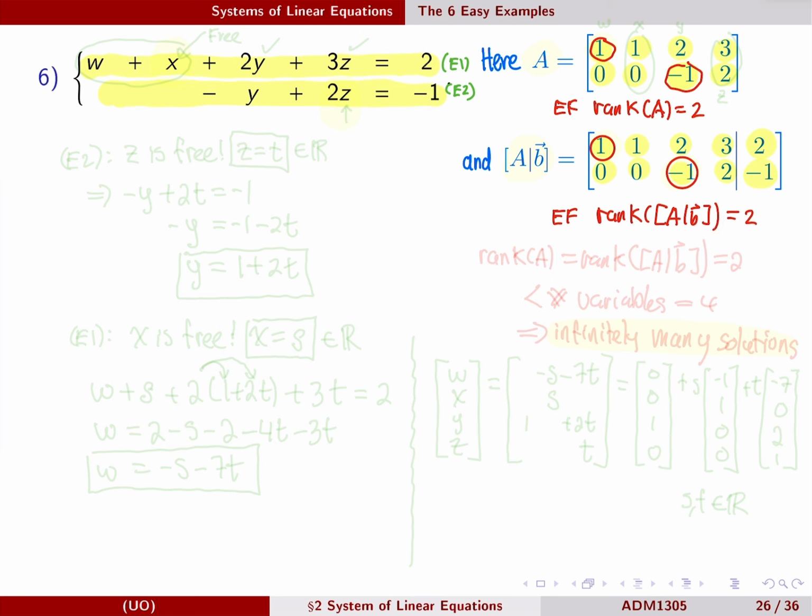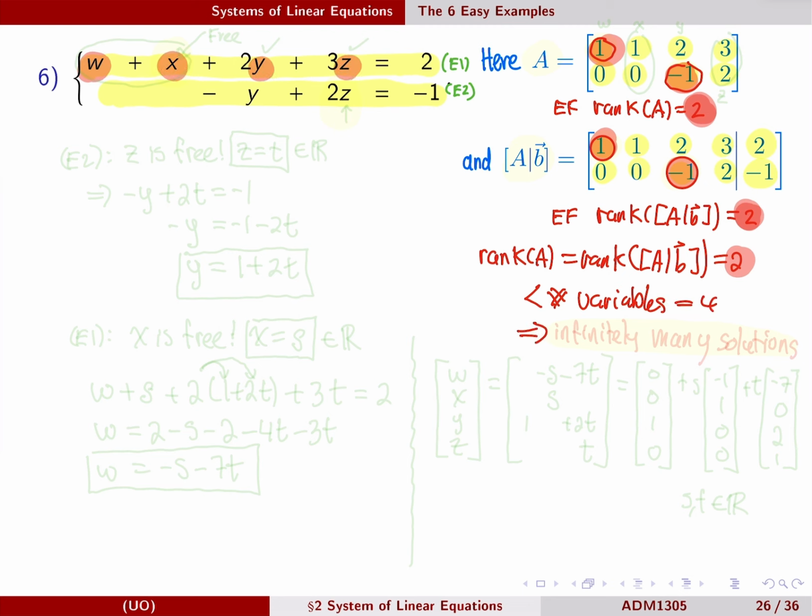So both ranks are equal. So here we know there's some solutions, because the rank of A is equal to the rank of AB, but this rank is equal to 2, which is less than the number of variables. How many variables do we have here? 4. We know there's going to be infinitely many.